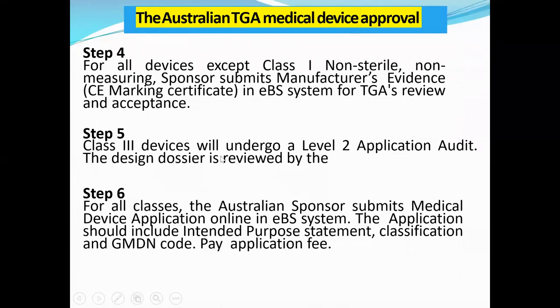Then class 3 devices will undergo a level 2 application audit, and the design dossier is reviewed by the authority. Then for all classes, the Australian sponsor submits the medical device application online in the EBS system. The application should include the intended purpose statement, classification and GMDN code, and the application fees must be paid.